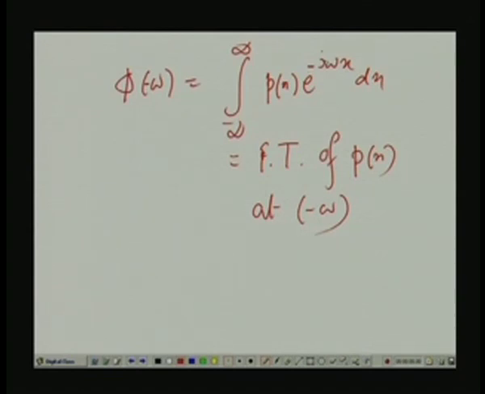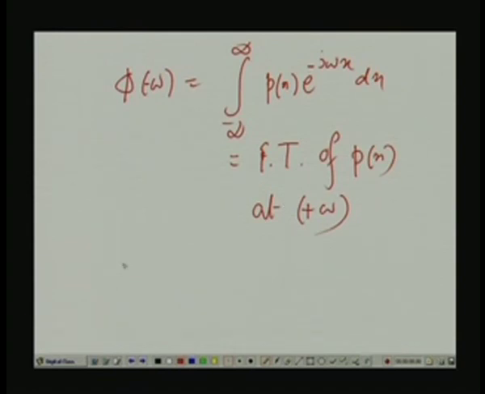Okay. So, phi minus omega, then I put plus. If you put phi minus omega, then it becomes simply the Fourier transform of P x at plus omega.